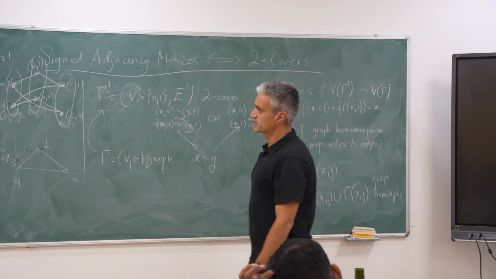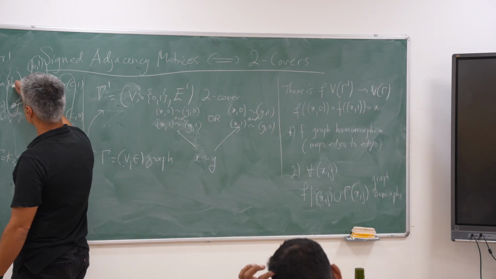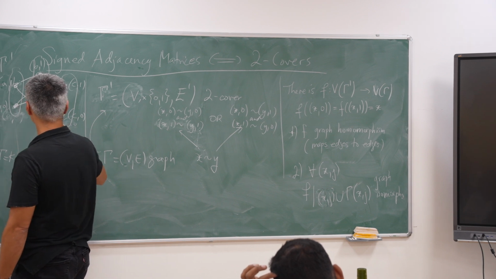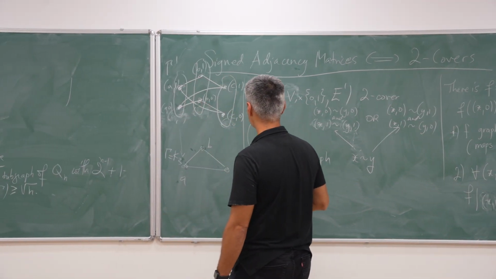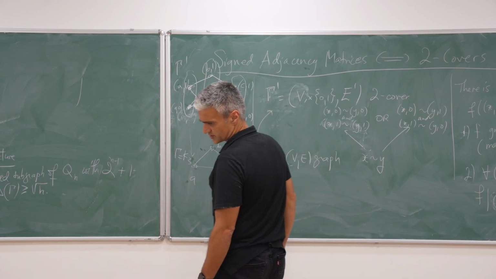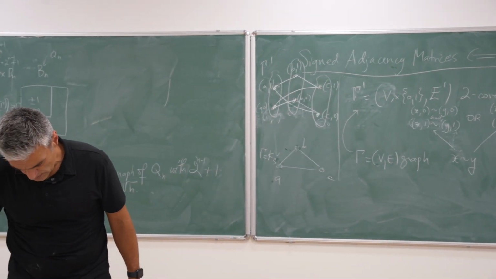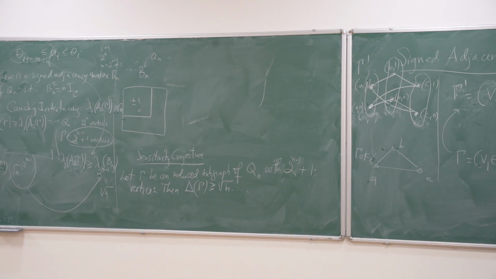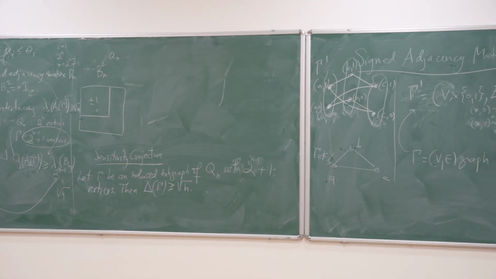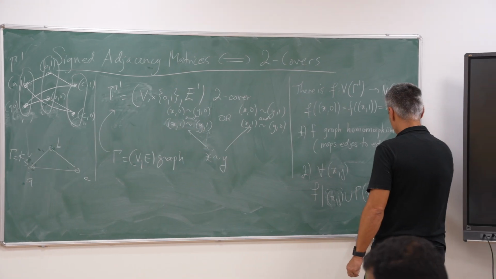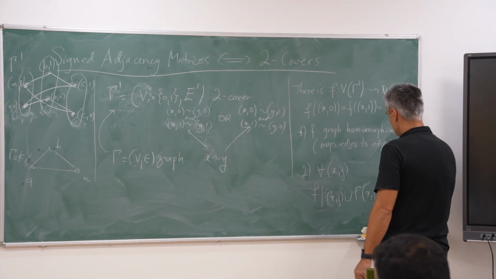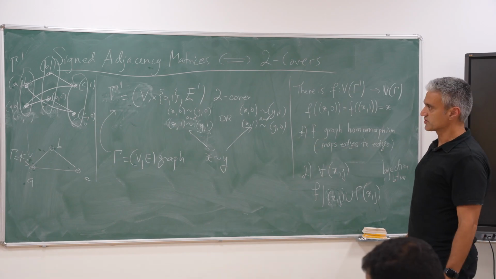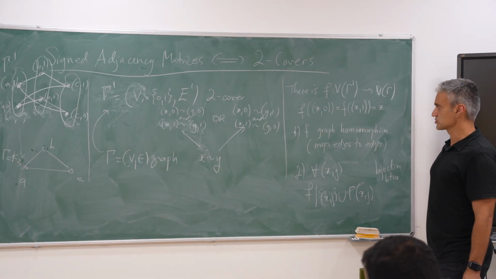So, for example, if I pick A0... well, it's not a graph isomorphism. This will give you a bijection between this set and the image of it. It doesn't have to be an isomorphism.